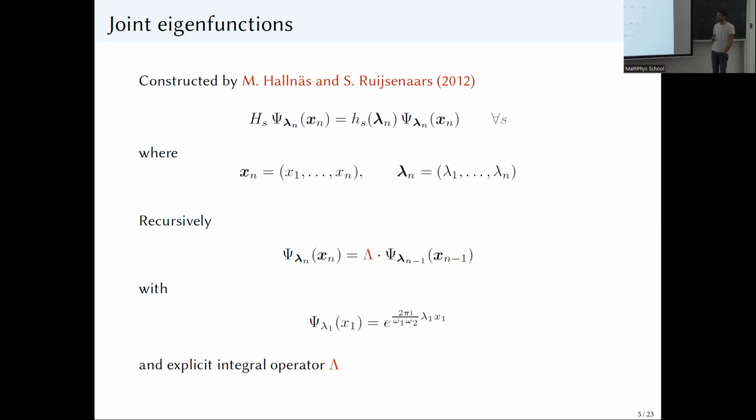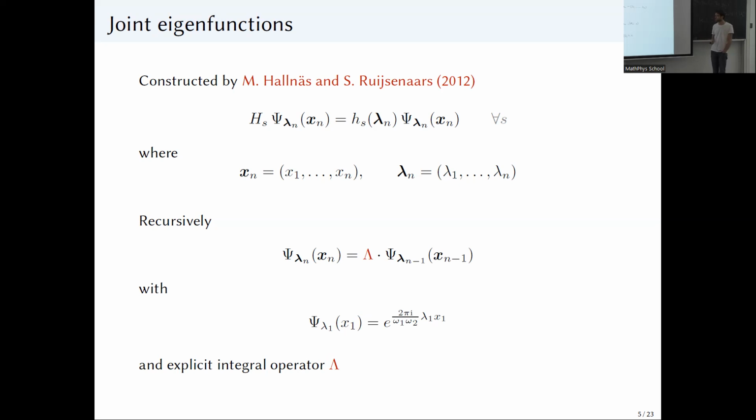The important thing of this construction is, again, as in the open Toda chain previously described, that this construction is recursive, in the sense that the eigenfunction for the n-particle system can be obtained from the eigenfunction of the n-1 particle system using some explicit integral operator, which is denoted lambda here.